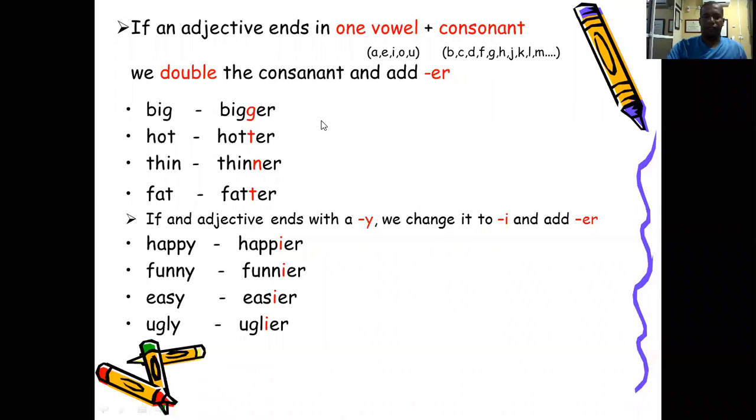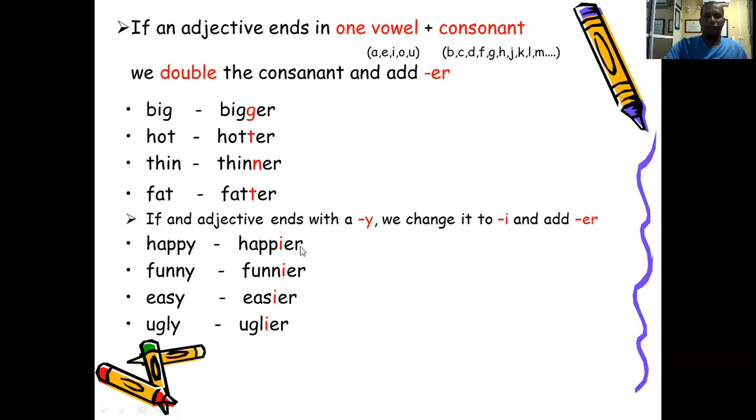Pay attention: this adjective ends in a consonant, but before the consonant is one vowel. Big, bigger. We double the last consonant. Hot, hotter. Thin, thinner. Fat, fatter.